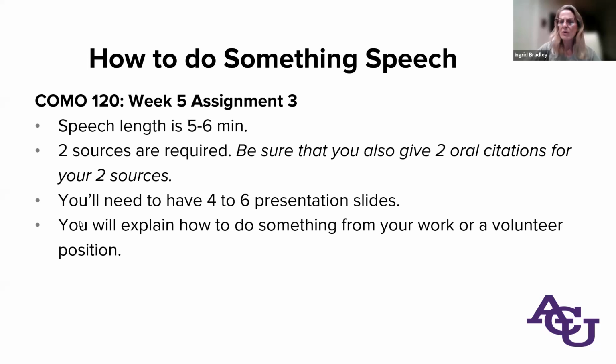That means that you're going to actually highlight those sources within the context of your slides and your oral presentation. You'll need to have 4 to 6 presentation slides. You'll explain how to do something from your work as a volunteer or at your work.